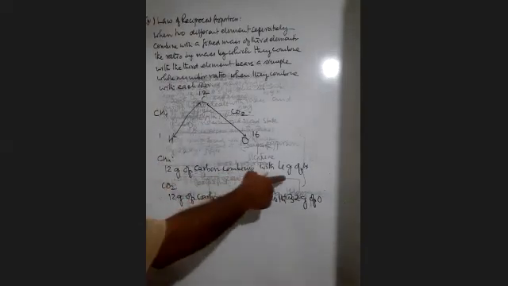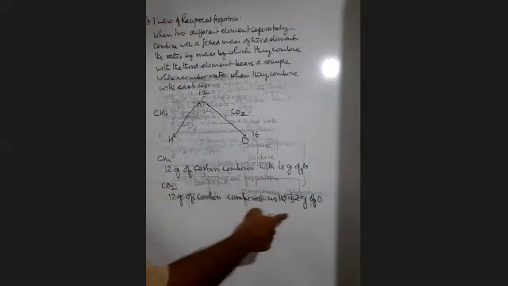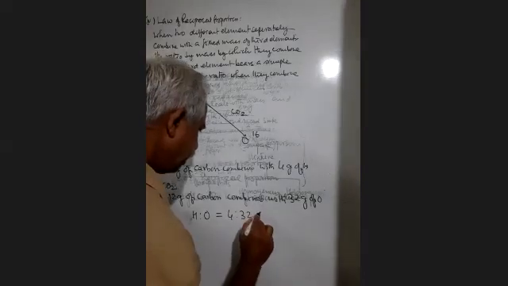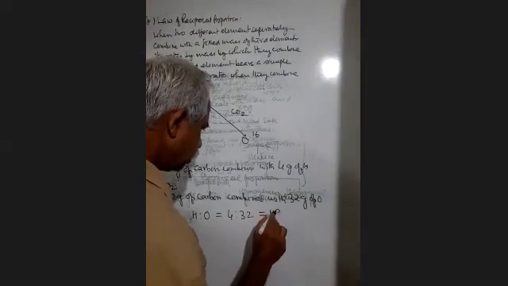So 4 gram of hydrogen and 32 gram of oxygen combined with a fixed mass of carbon, 12 gram. So what is the ratio now here? Ratio is hydrogen versus oxygen, 4:32. So if I divide it by 4, 1:8.